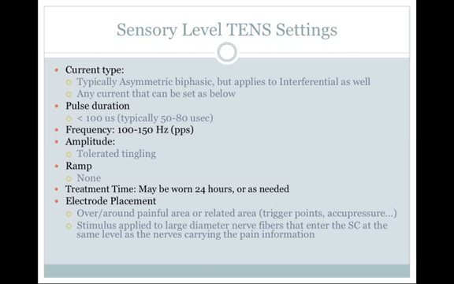And then electrode placement is extremely variable here. You can usually start over and around the painful area, but you can also use any related area. So you can look at a trigger point map or an acupuncture map. You can find trigger points and work on trigger points.